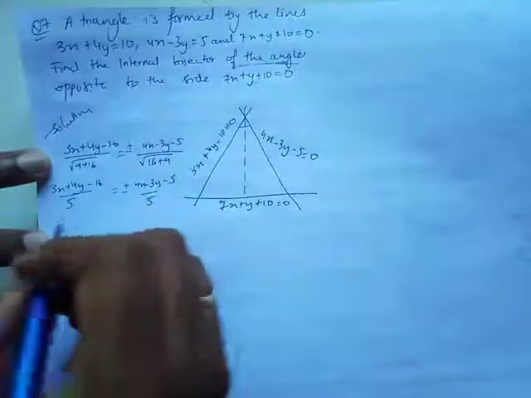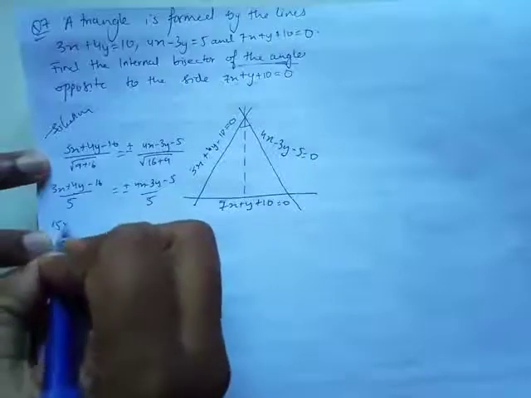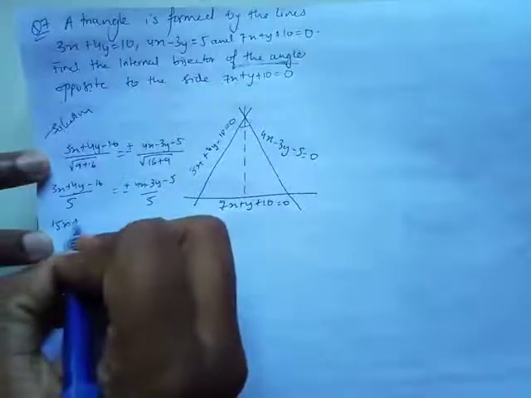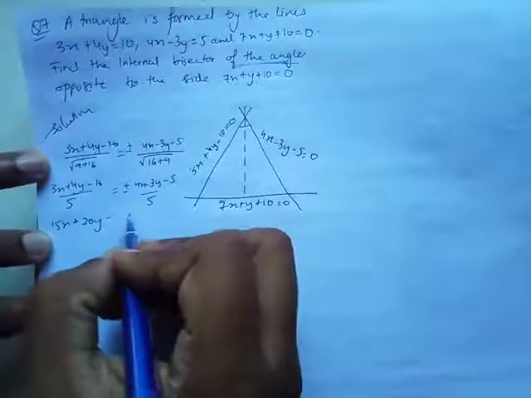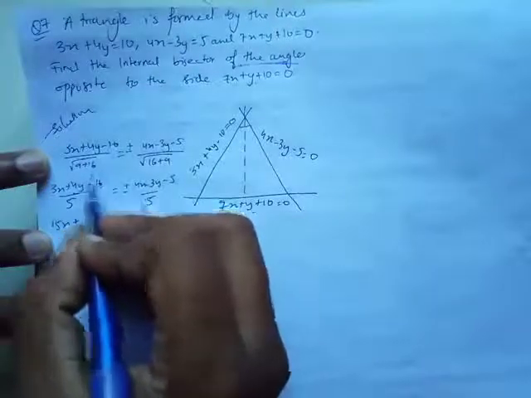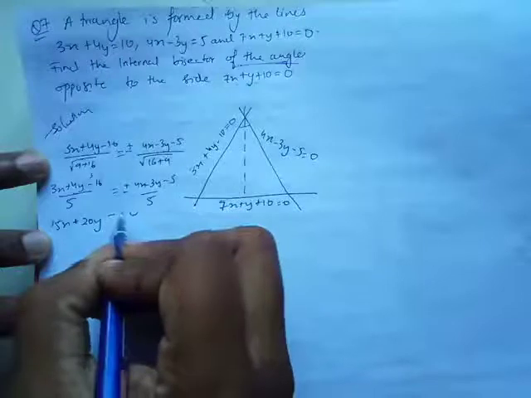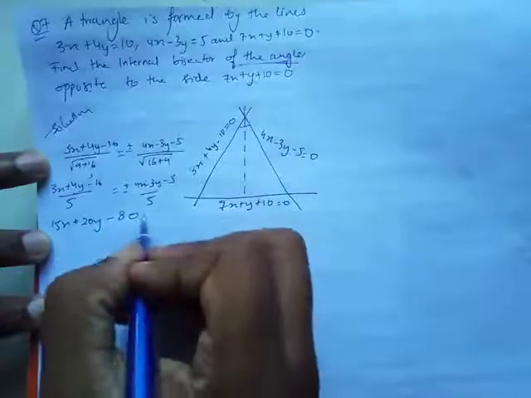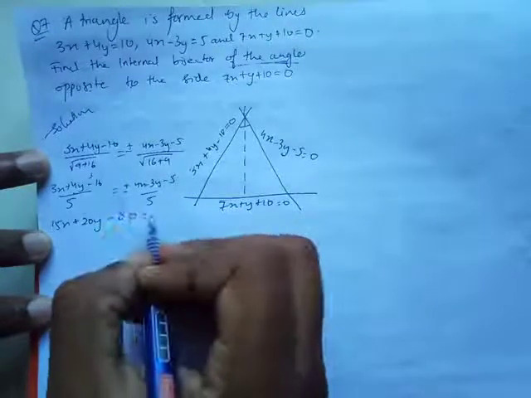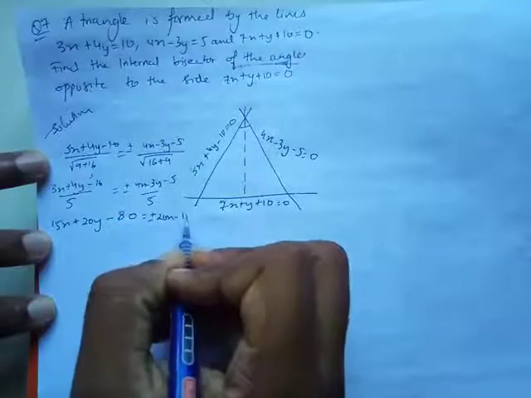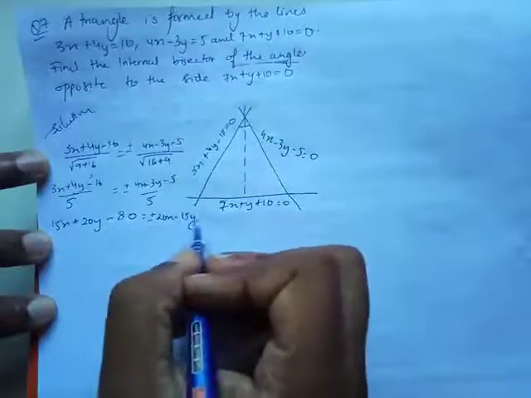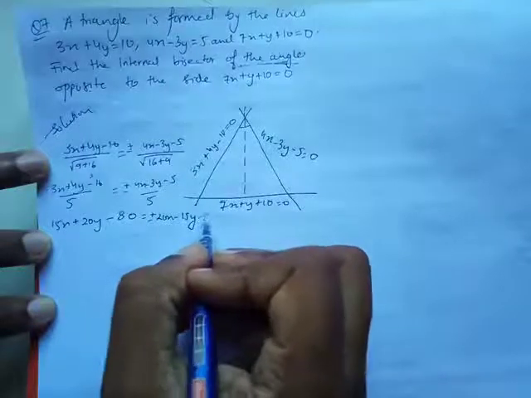If I shift this on that side, it's going to become 15x plus 20y minus 80 equals 20 plus minus 20x minus 15y and then 25 minus 25.